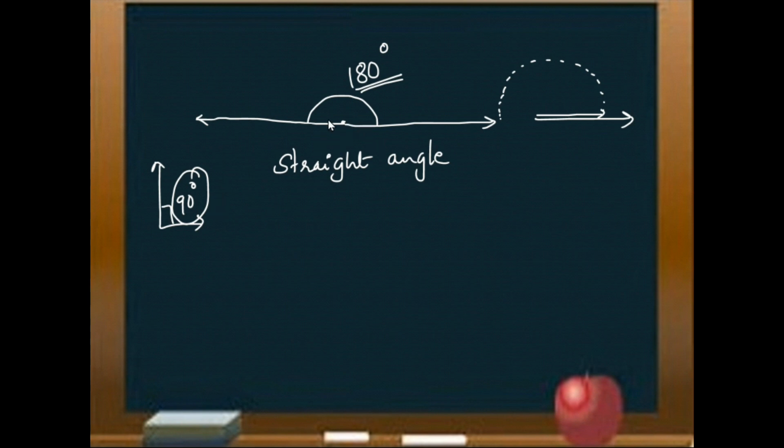Okay. Now, when this ray starts moving in the downwards direction, it gives you something like this. Now this is a confusing part. When children see this type of angle, they mostly label this as an obtuse angle, as they look at this part of the angle. But in the question, whenever such an angle is mentioned and they want you to look at it in another direction, they will always give you something like this.